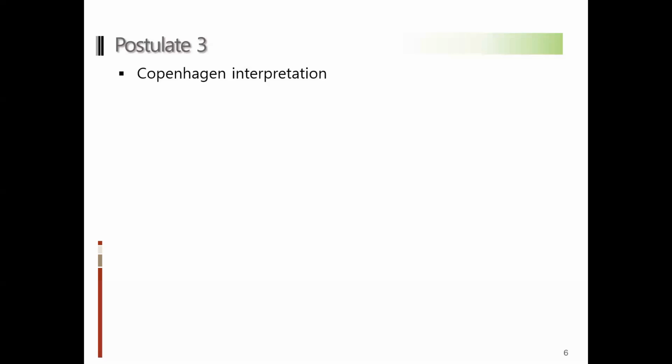So they gathered together, and they wanted to figure out what would be a reasonable way to interpret and calculate things, and all those three postulates I just described were discussed in this meeting.